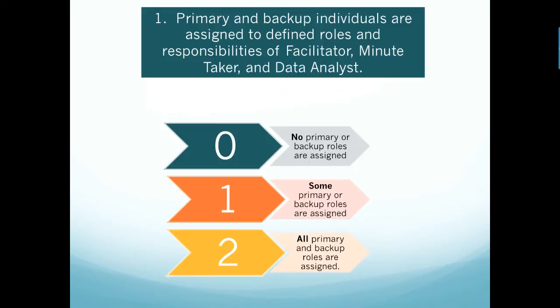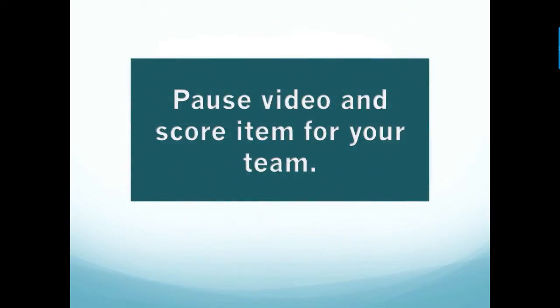A score of 1 will reflect that some of those primary and backup roles are assigned to individuals on the team. And a score of 2 is full implementation, and that means that individuals are assigned to all primary and backup roles. Now take a minute, pause this video if you need to, and score this item on your TIPS FC.